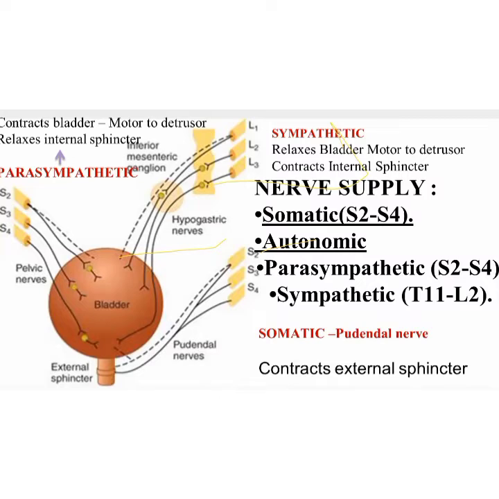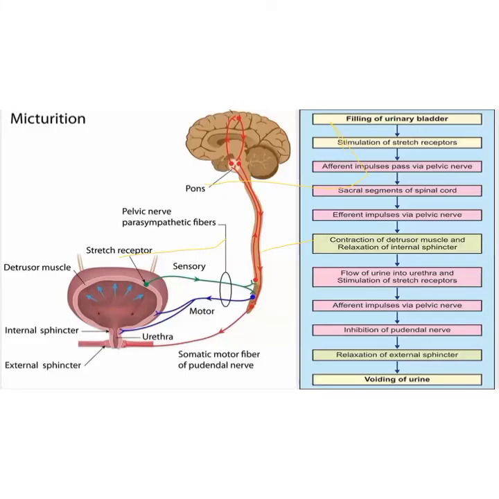Still, the formation and the voluntary voiding of urine is under central nervous system control. The paracentral lobule, which is present on the medial surface of the brain, is the main micturition component controlling the voluntary control of urine.